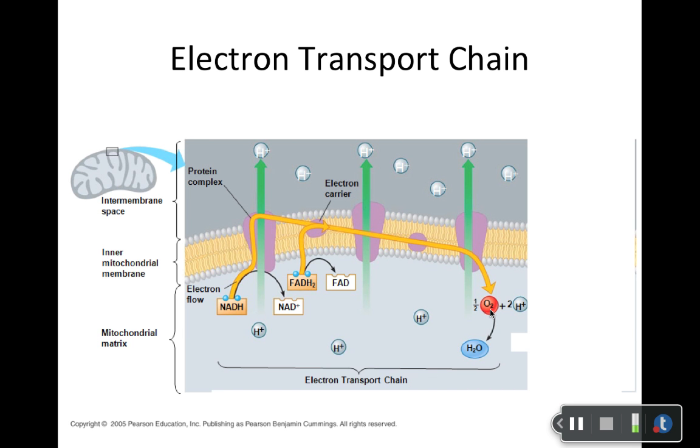This is cellular respiration, but it is related to breathing in oxygen and breathing out carbon dioxide. So as we go through this process, think about the fact that the reason we breathe in oxygen is so that oxygen is present in our cells to accept the electrons at the end of the electron transport chain.